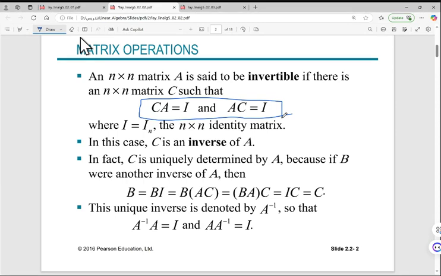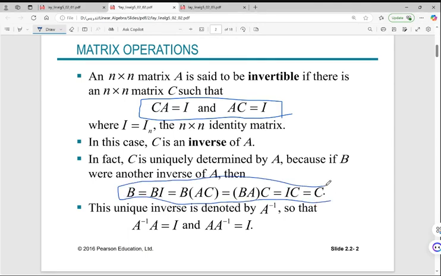Your reason is not correct, but your answer is correct. It's not correct because it has one solution. What's the reason?